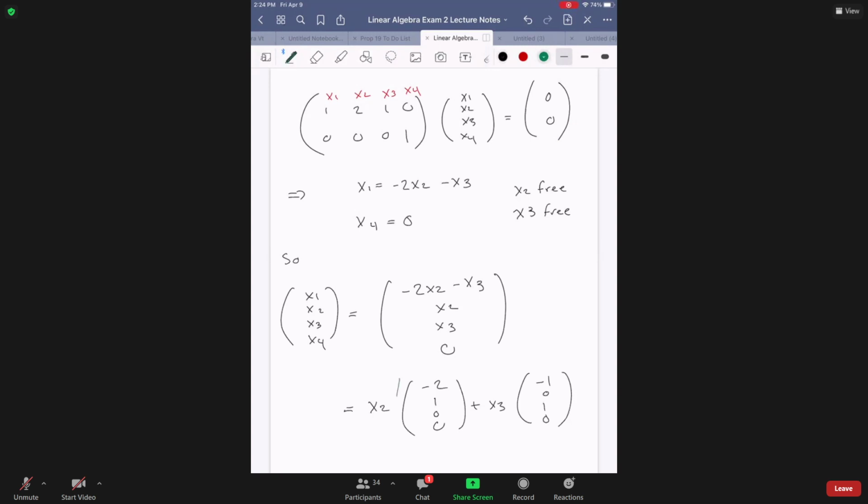So take the span of that stuff right here. The orthogonal complement is going to equal the span of those vectors: (negative 2, 1, 0, 0) and (negative 1, 0, 1, 0).